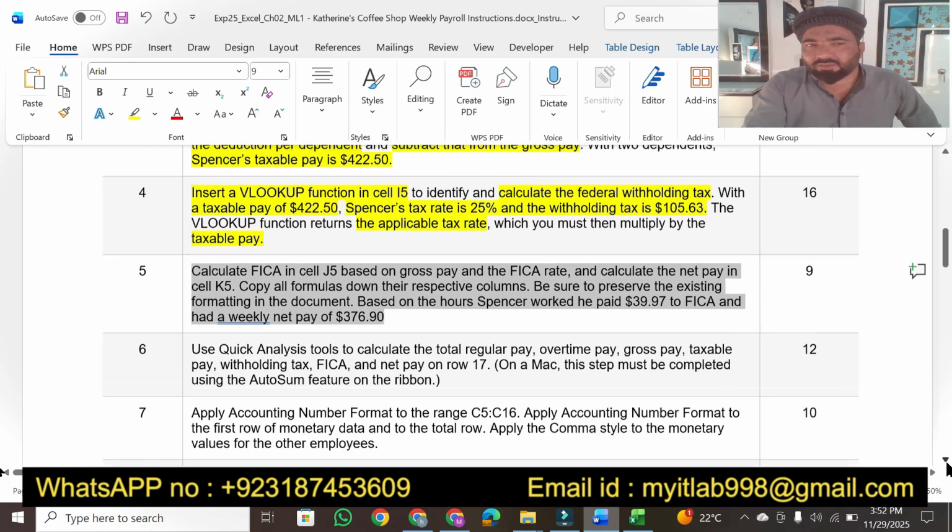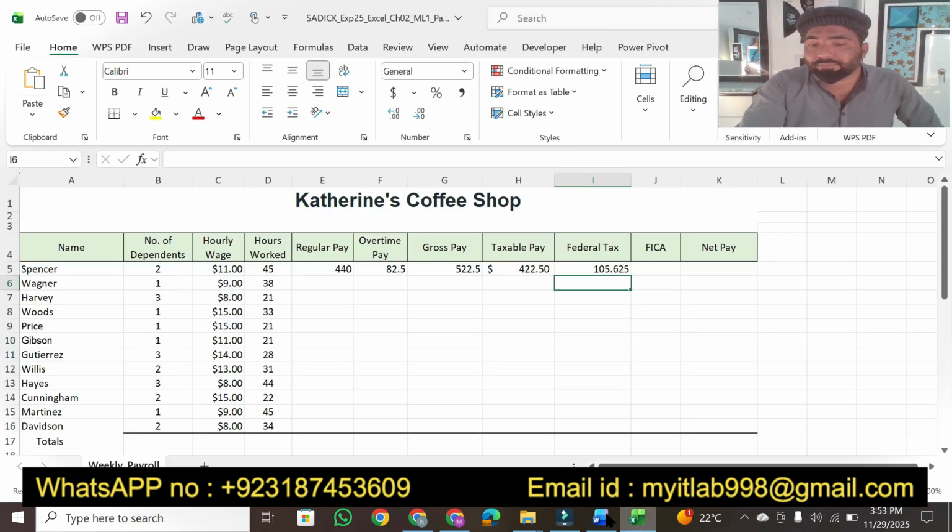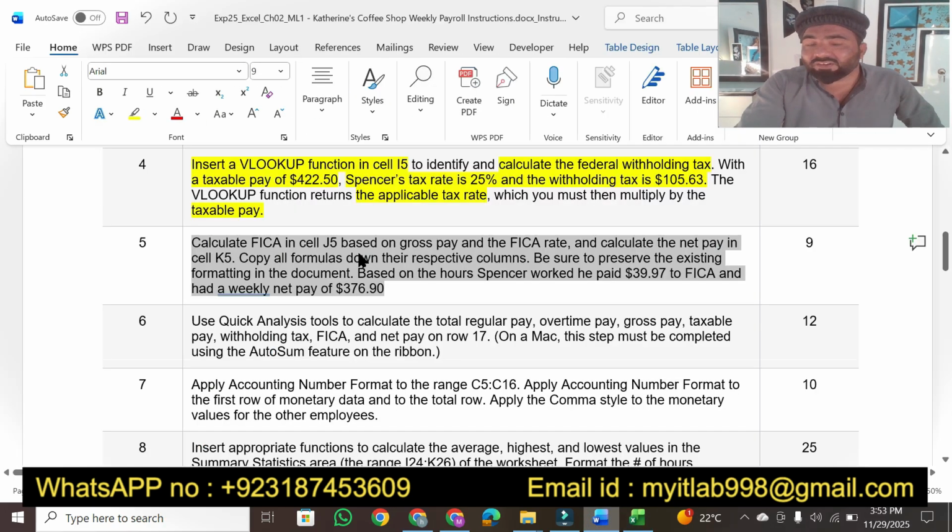Then after solving question number 3, we move toward question number 4, and after reading the instruction of question number 4 we get an idea that we have to work on the VLOOKUP function in cell H5 to calculate federal withholding tax. Then after reading the instruction we develop the VLOOKUP function and we calculate the values here. Then same way we discuss question number 5.